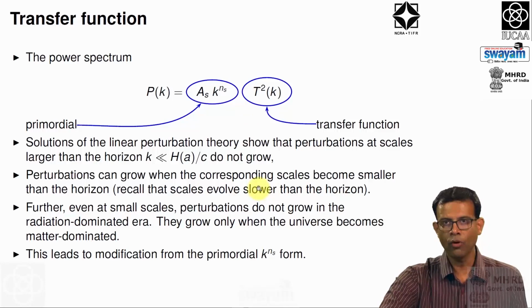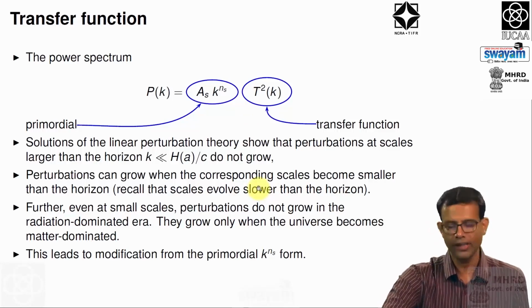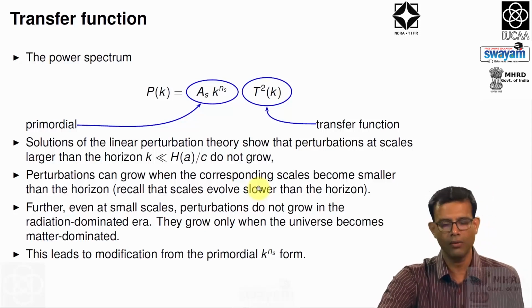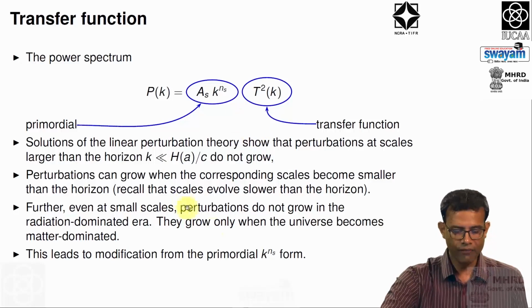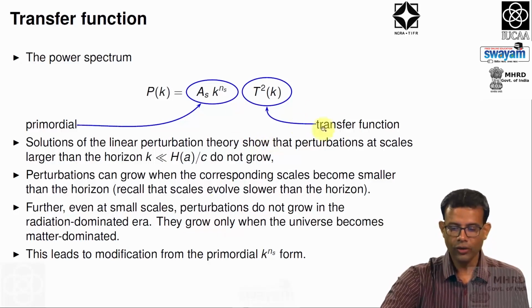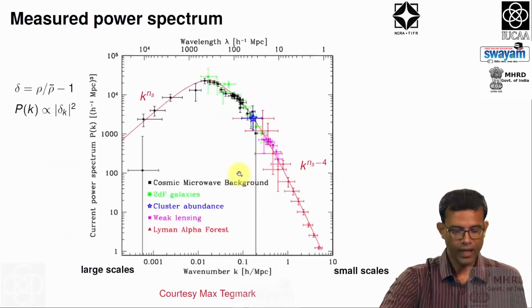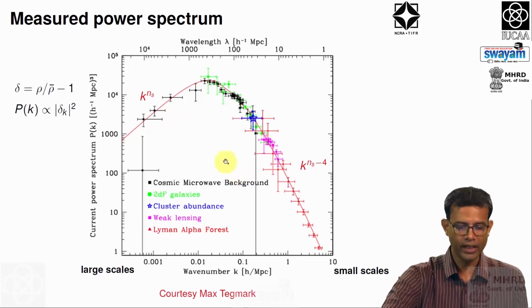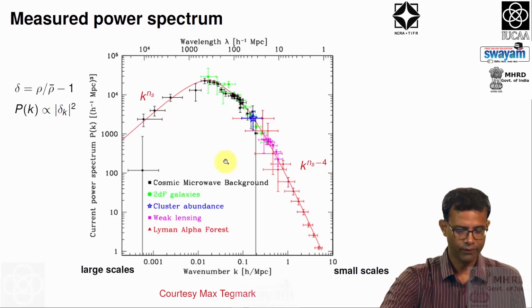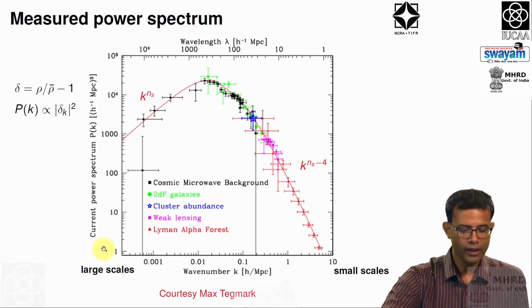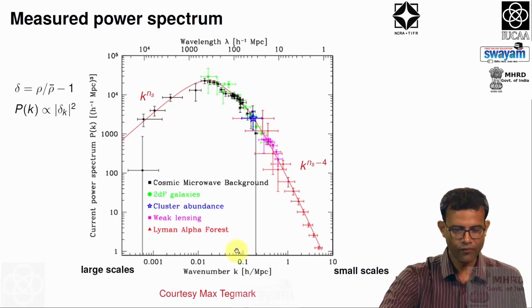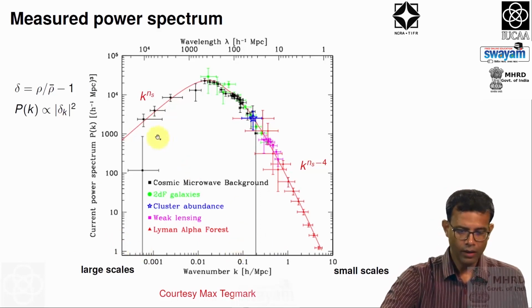But because different modes grow differently, depending on whether they are outside the horizon or inside the horizon, depending on whether they are in the radiation dominated era or in the matter dominated era, you have to introduce a transfer function. Again, we will not have time to work out the transfer function in great detail, but let me show you the final result. What has been plotted here is the power spectrum versus k. This is basically the form of the power spectrum.